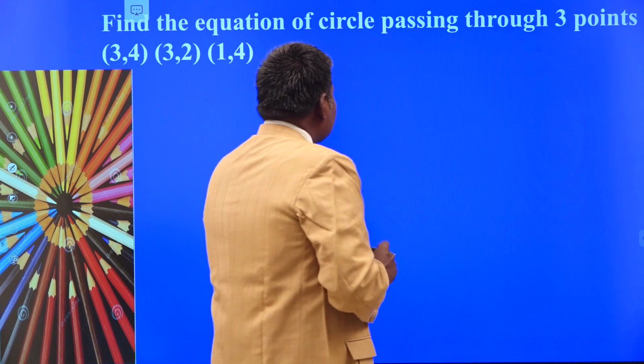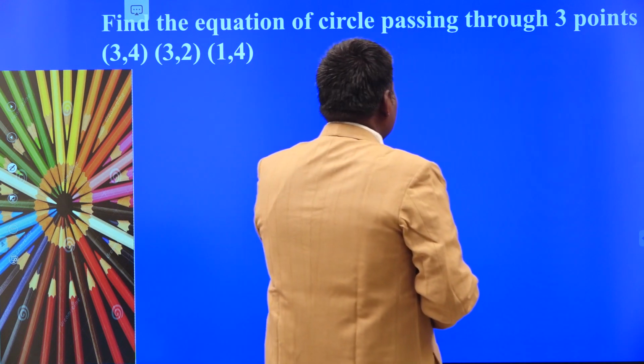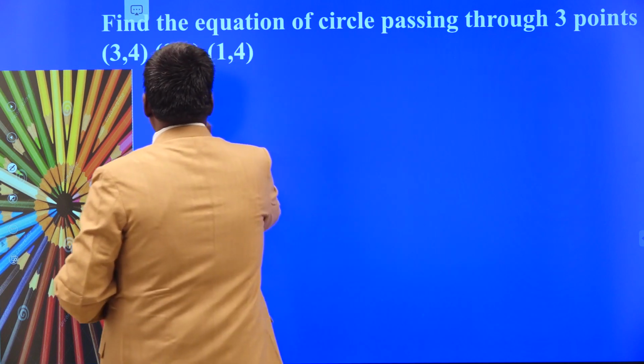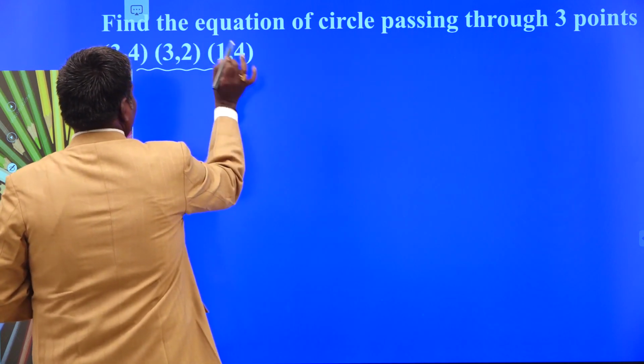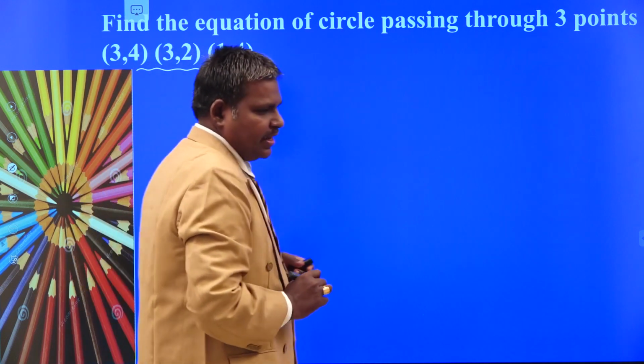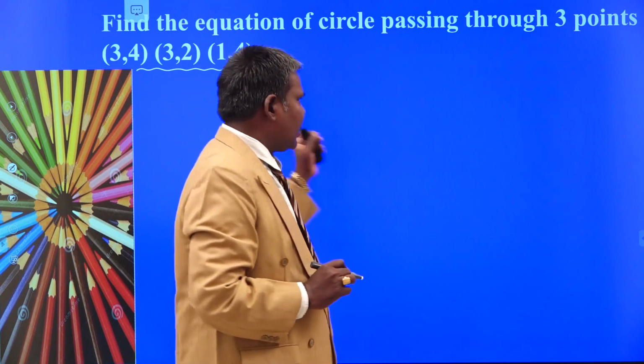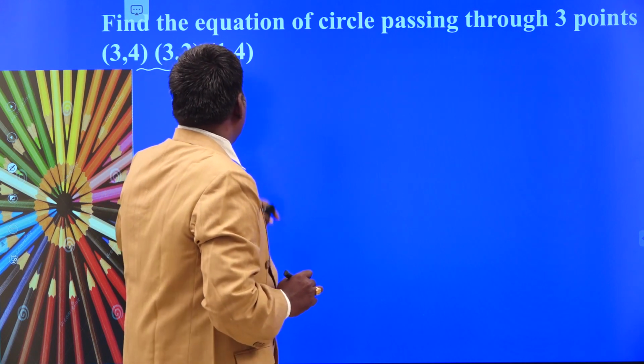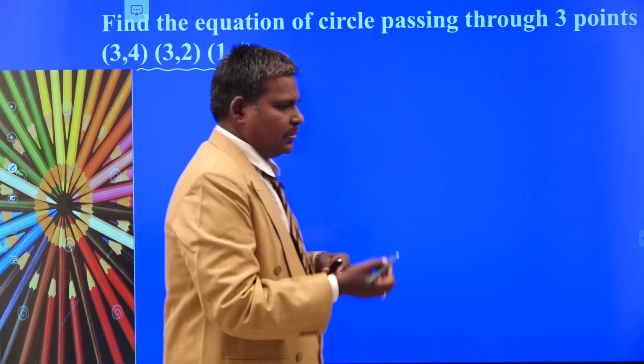Find the equation of the circle passing through 3 points (3, 4), (3, 2), (1, 4). These are the 3 given points. They are not collinear. Find the slope from here to here, and you can find the slope of these 2 points also. They are not equal.